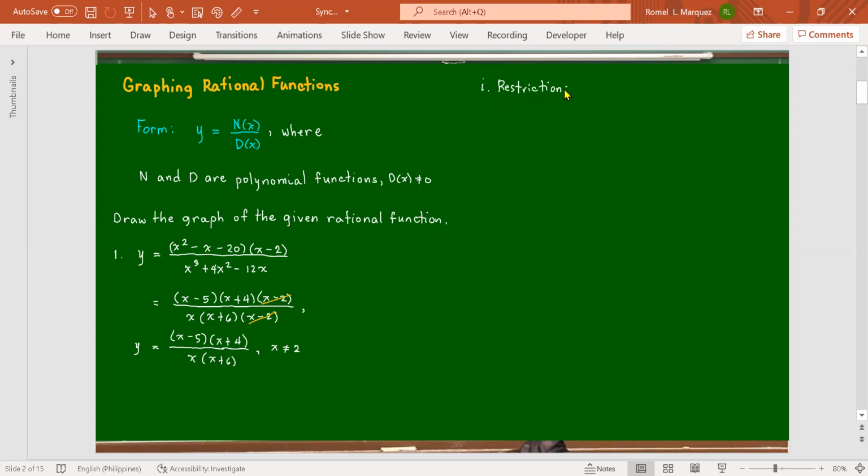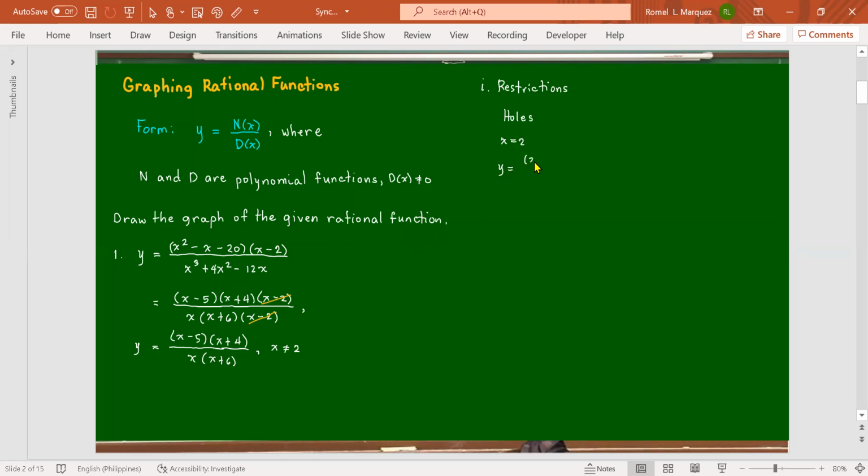Again, the two restrictions are holes and asymptotes. Okay, guys? Now for the holes, we are going to solve for the corresponding y value to x equals 2. Where are we going to determine the y value? From the simplified, we substitute x equals 2.